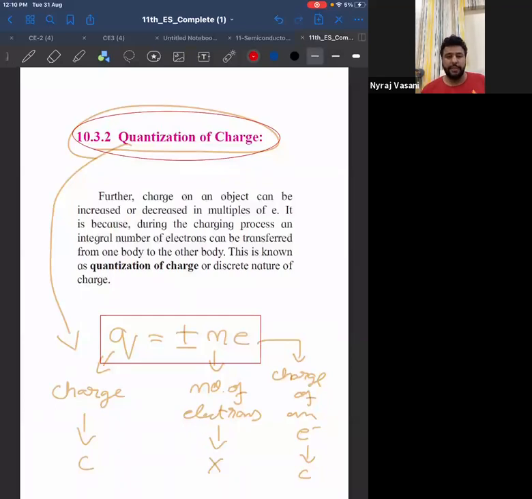Q is equal to plus or minus NE, where Q stands for charge, N stands for number of electrons, and E stands for charge of an electron. Make a note.